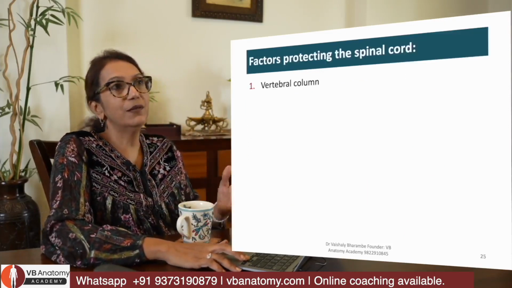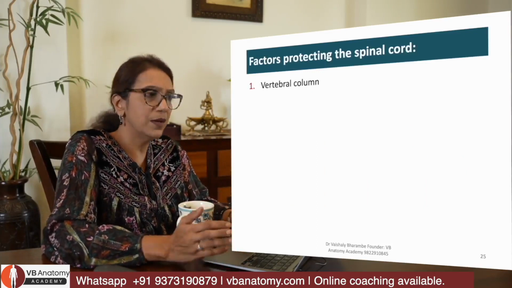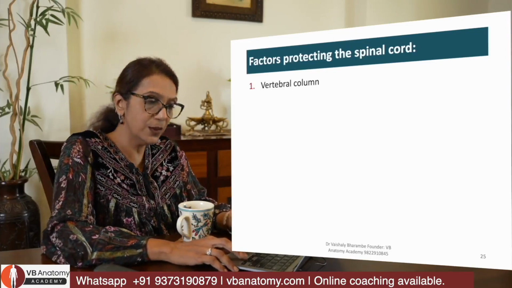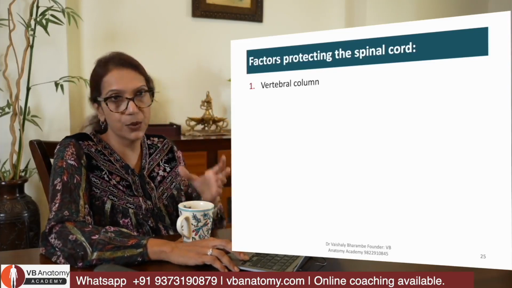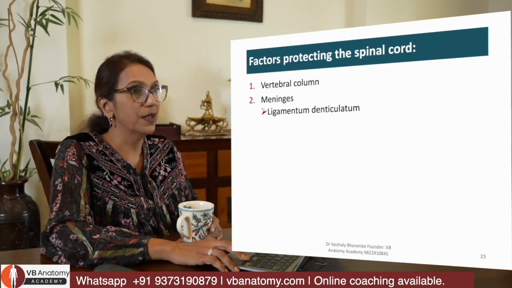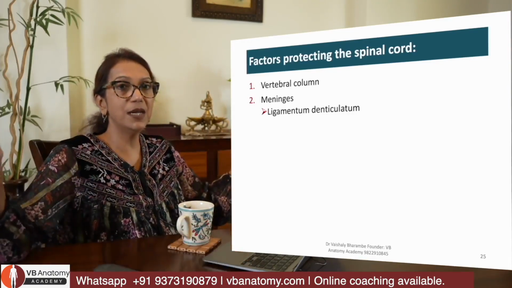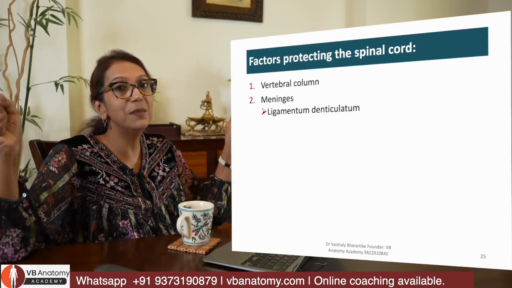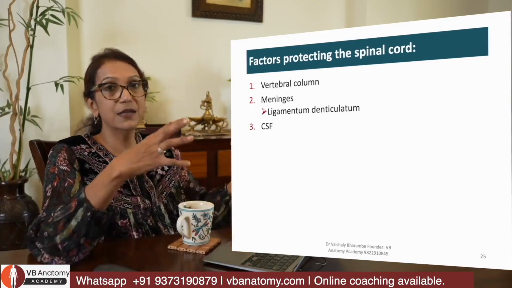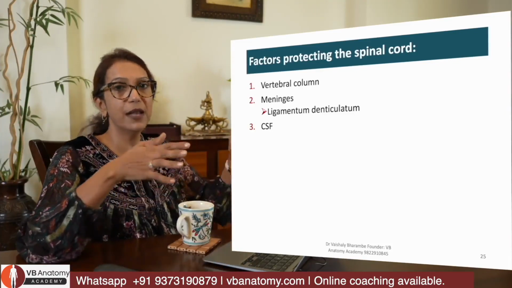So finally, what are the structures that protect your spinal cord? It's lying in the vertebral column, obviously the bones protect it. It's surrounded by meninges which protect it. From the meninges, the pia mater gives rise to what? Ligamentum denticulatum. Then there is the CSF. It's a fluid, so the spinal cord floats.